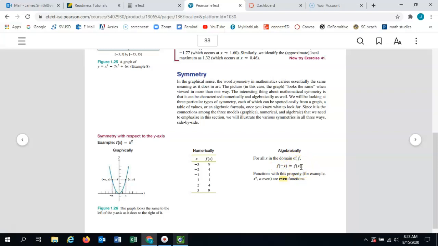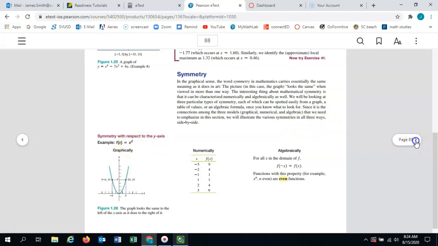And we'll take a look at that. So just think of a real basic one like this one. This is y equals x squared. If you replace that x with negative x, do you get this exact same function, right? And we know that we do, because negative x squared becomes positive x squared, right? Because you square a negative and it becomes positive again. So that's why this one becomes an even function.